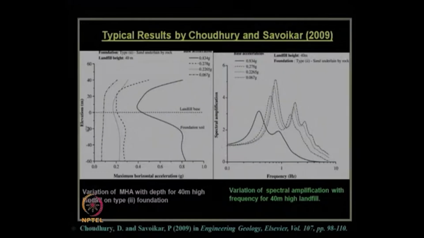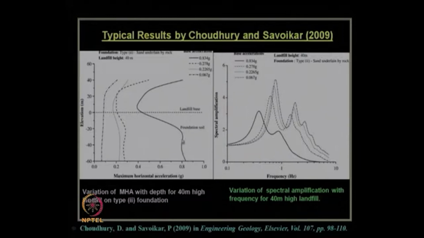You can see that this slide shows the typical results obtained by Chaudhary and Savaikar in this paper, as I have just mentioned. This shows how the maximum horizontal acceleration, or MHA, in units of g, varies with respect to elevation. Elevation, you can see over here, the 0 line shows the landfill base and below that is the foundation soil.